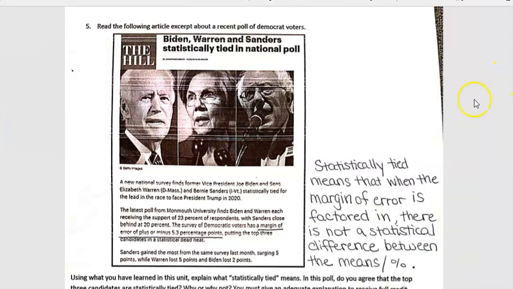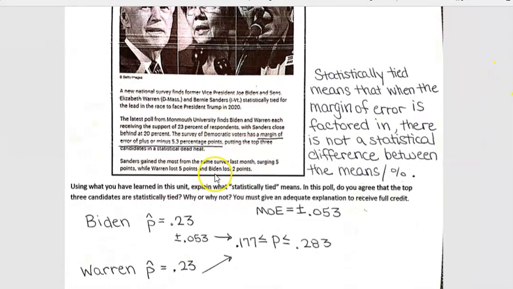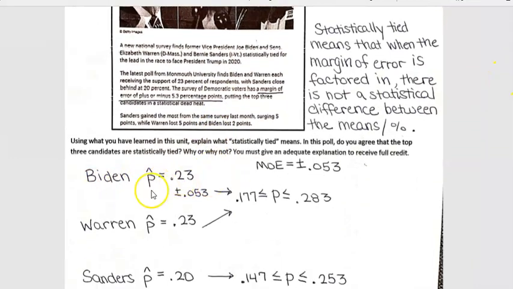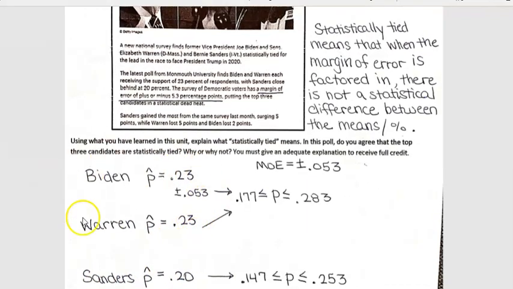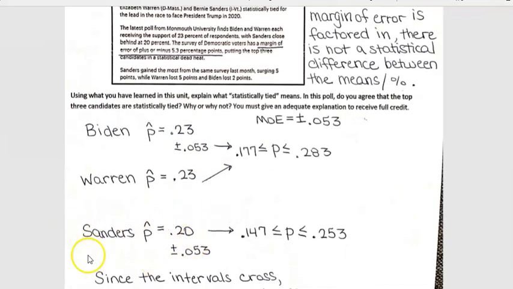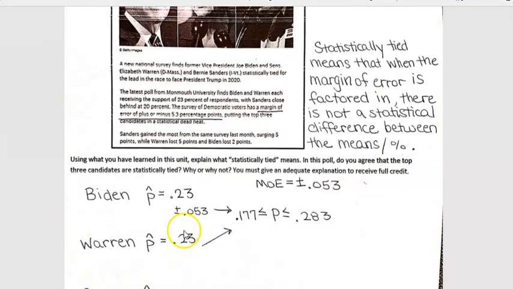So in this example, we have that Biden was at 23%, Warren was at 23%, and Sanders was at 20%. So we can obviously see how Biden and Warren were tied, right? They both have 23%. But why is Sanders also considered tied with Biden and Warren when they're 3% above him? Right?